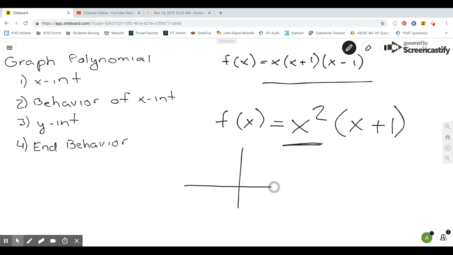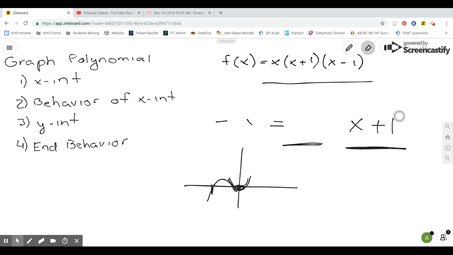So when you go to graph that at 0, what's going to happen is it's going to hit that 0 and then bounce back up. So it's not going to go through the 0 like it will with x equals -1 coming from right here. So x equals -1, it's just going to go through it. So that's what we're talking about by bouncing off of that x-intercept.